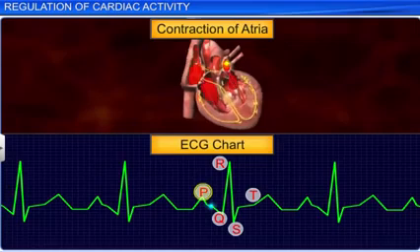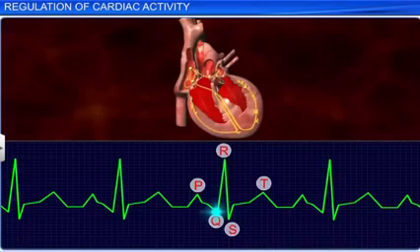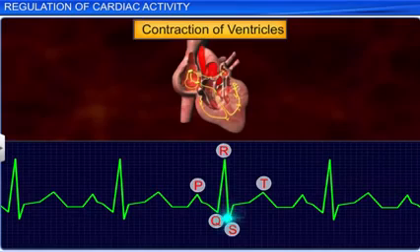Here, the P wave corresponds to the contraction or depolarization of the atria, that is, the atrial systole. It is followed by the QRS wave, which corresponds to the contraction or depolarization of the ventricles, that is, the ventricular systole.